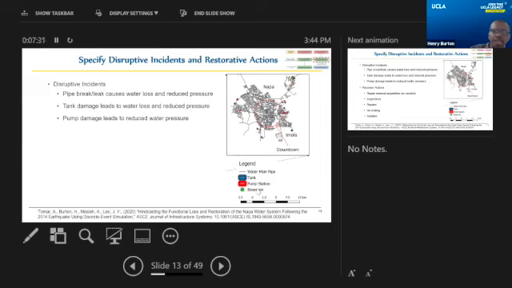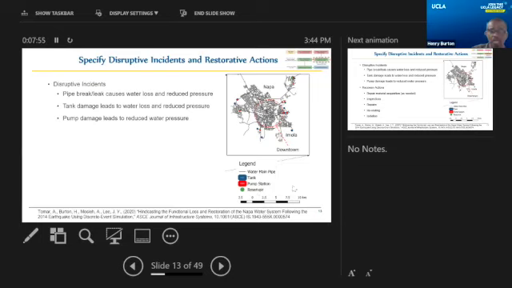So the next step in the process is, now that we've simulated the damage to the various components of the network, how does a state of damage to a particular component relate to a disruptive incident, and what are the restorative actions needed to restore the functionality?